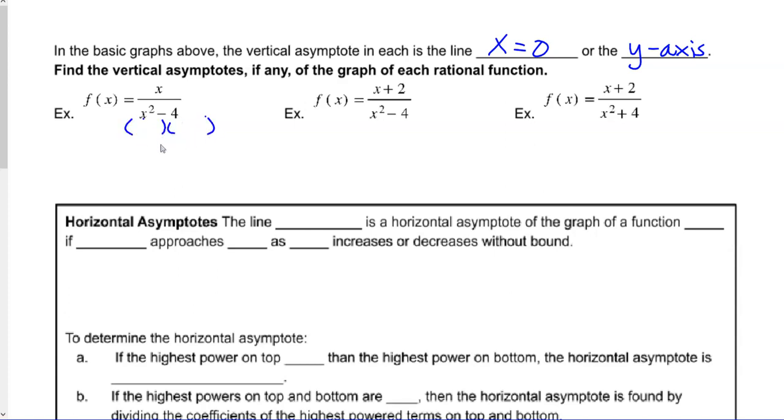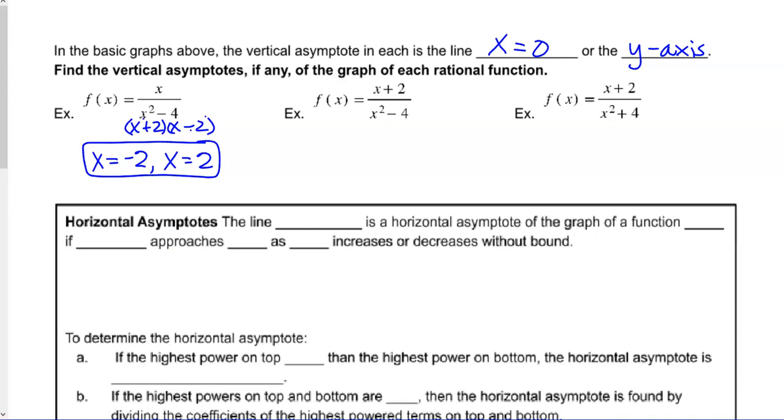We just alluded to that on the other side as a difference of squares, so it would end up factoring like this. There's actually nothing that we can do to simplify here in that original function. So both of these are going to be vertical asymptotes. What makes this 0 is negative 2. And what makes this 0 is positive 2. So x equaling negative 2 and x equaling positive 2 would be our vertical asymptotes.